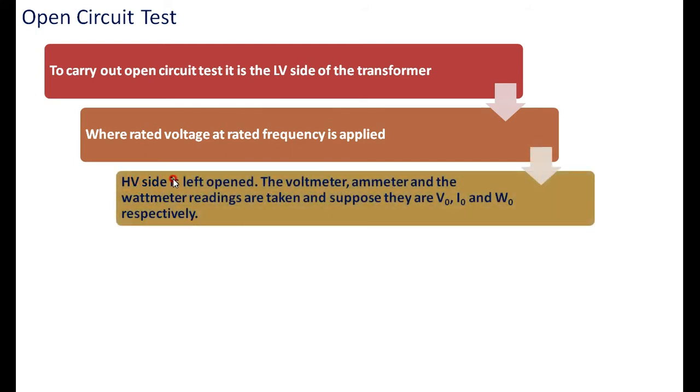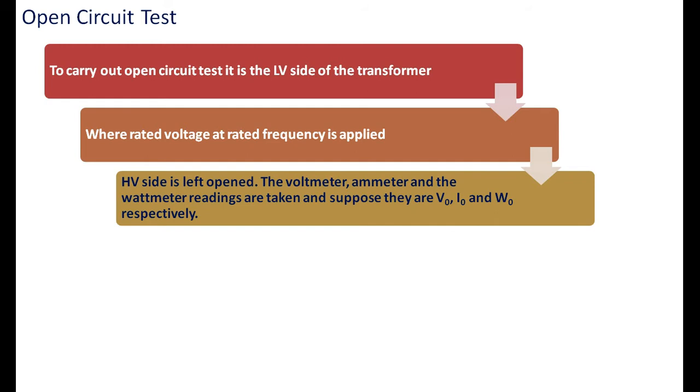In the open circuit test, the high voltage side of the transformer is kept open. All these meters, that is the voltmeter, ammeter and wattmeter, are connected on the LV side.